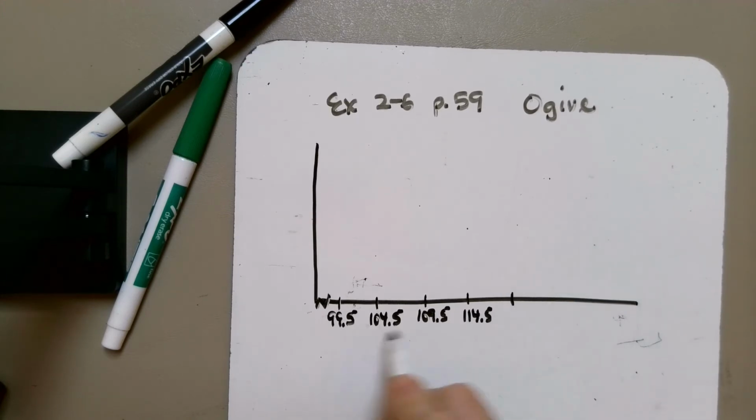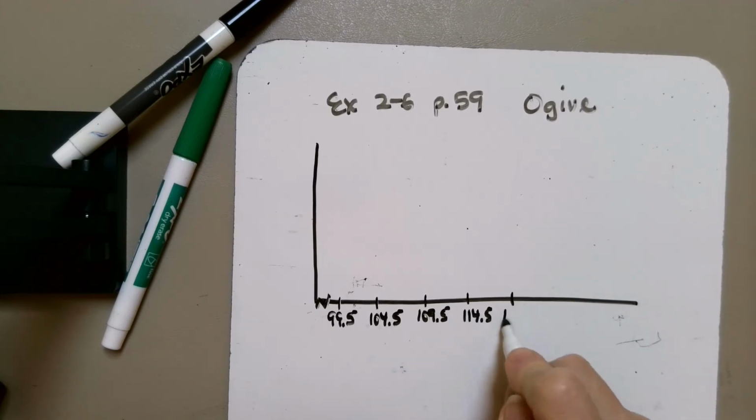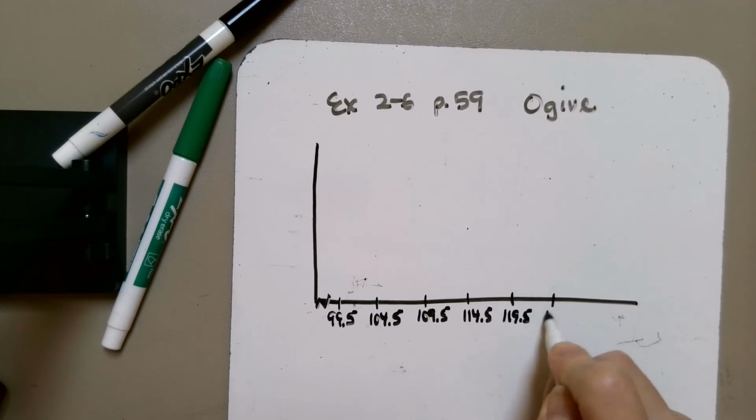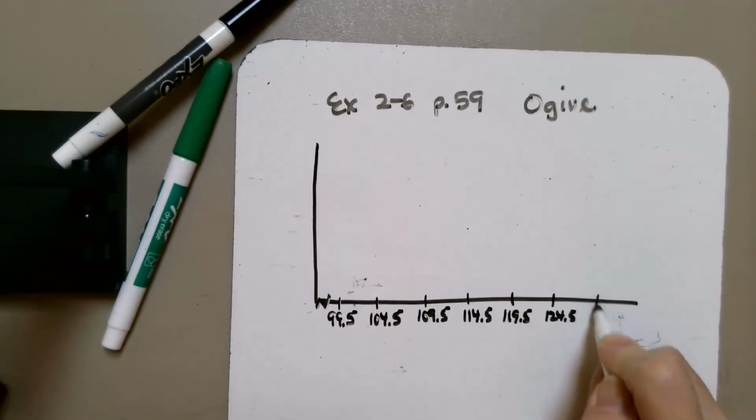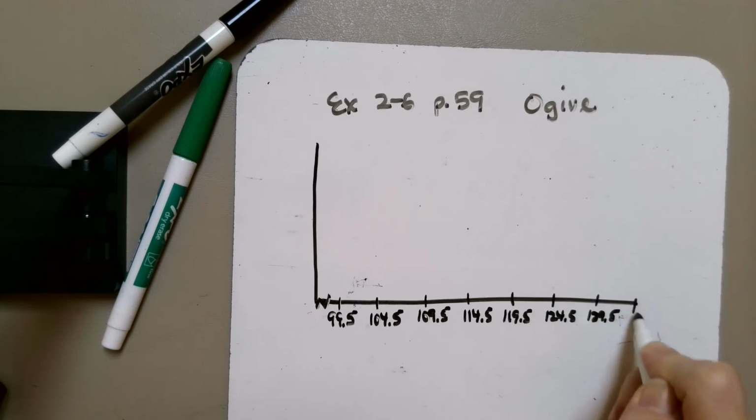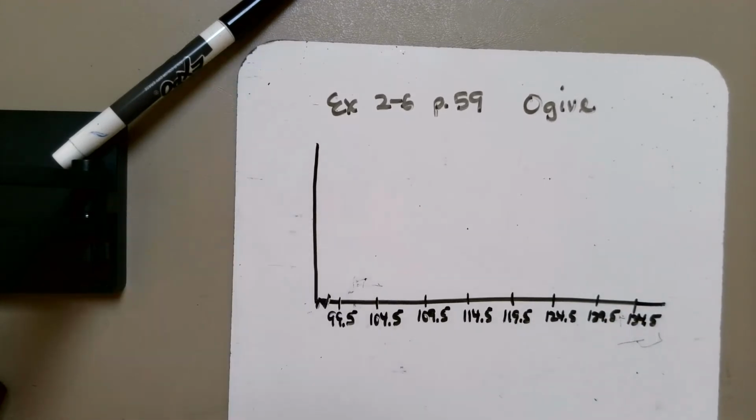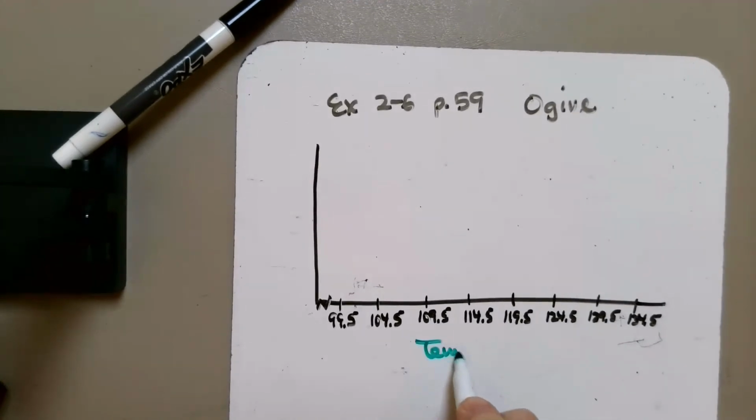Yes. And then 119.5, 124.5, 129.5, 134.5. And those were the class boundaries, and what they were record high temperatures, so we want to put a label.